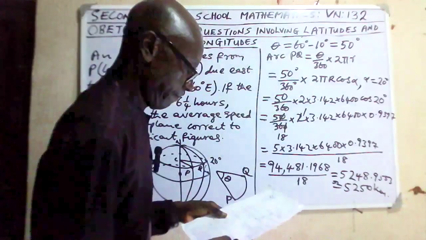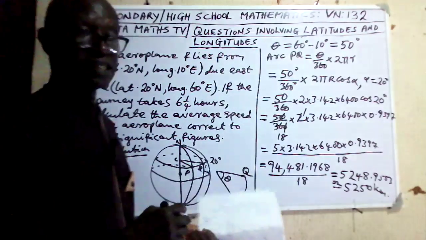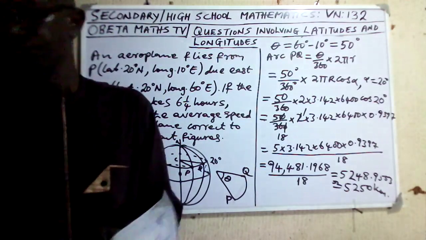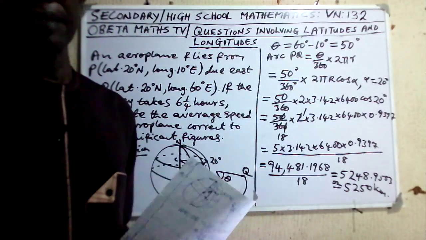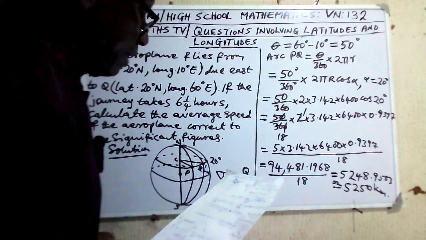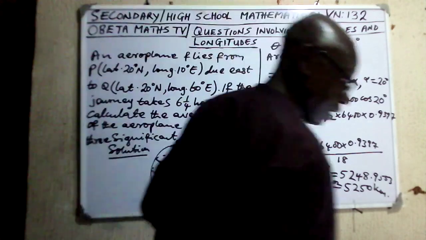But we are asked to find the speed. And we know that speed is the same thing as distance over time. Total distance over total time. So we come up here again.